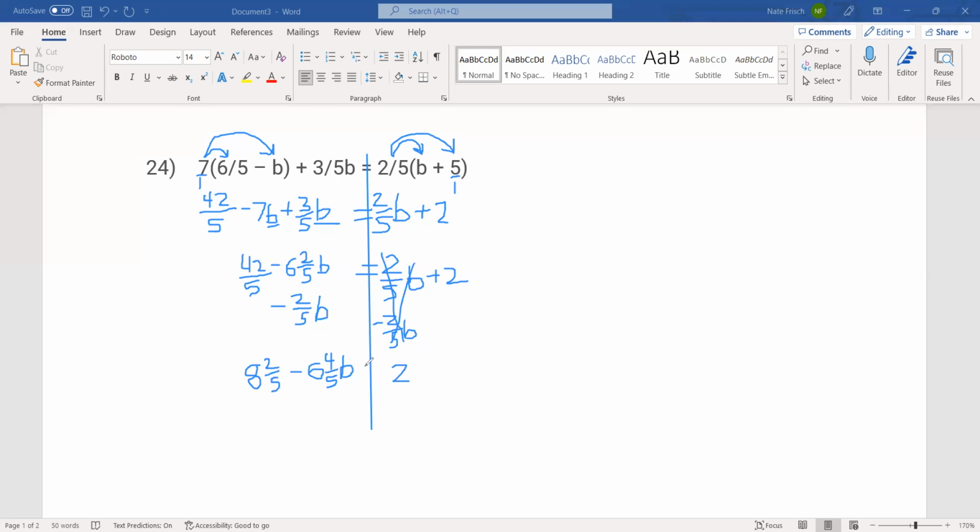All right, so now I'm trying to get b by itself. There's a couple things happening to it. We'd assume there's a positive here, so we could think that it's being added, or that 8 2/5 is being added to it, and it's being multiplied by a negative 6 4/5. So reverse order of operations, I'm going to deal with that 8 2/5 first. So I'm going to subtract 8 2/5 from both sides. Do it over here as well.